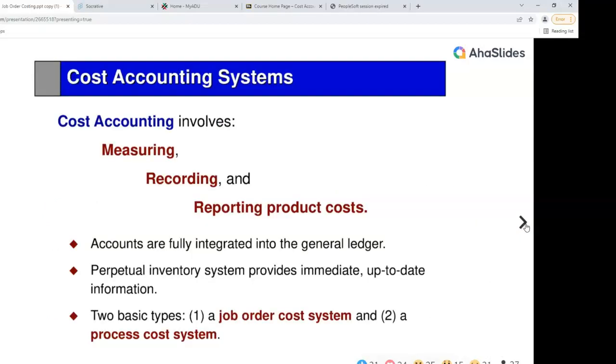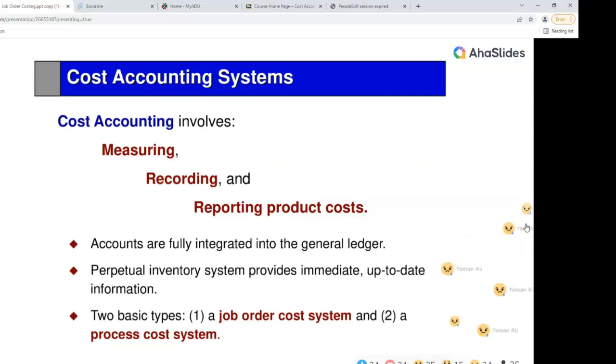Cost accounting systems, all the systems now, are designed to measure, record, and report product costs, costs on the shop floor. That's all we're talking about. And it's not a separate system from the financial accounting system you are already working on.